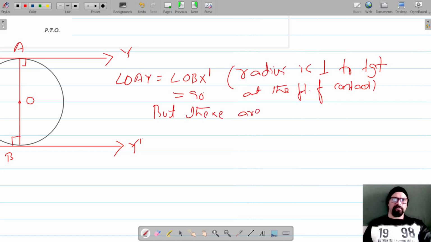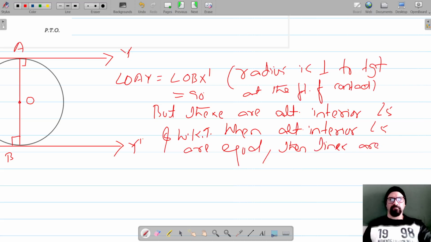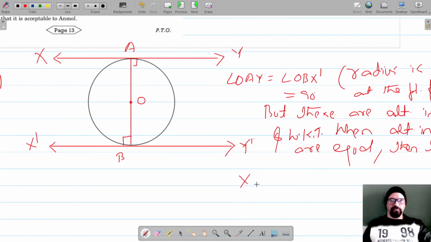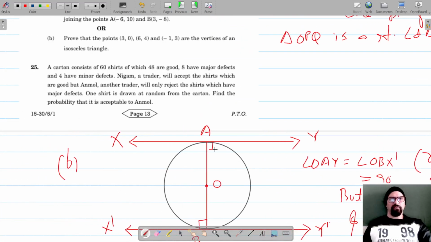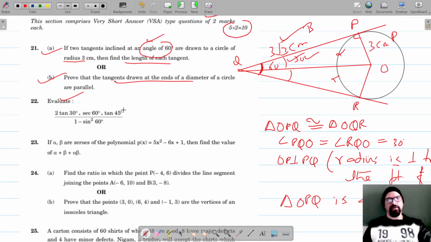These are alternate interior angles, and we know that when alternate interior angles are equal, then the lines are parallel. So XY is parallel to X dash Y dash, and that is what we were asked to prove. So the tangents drawn at the ends of a diameter of a circle are parallel.